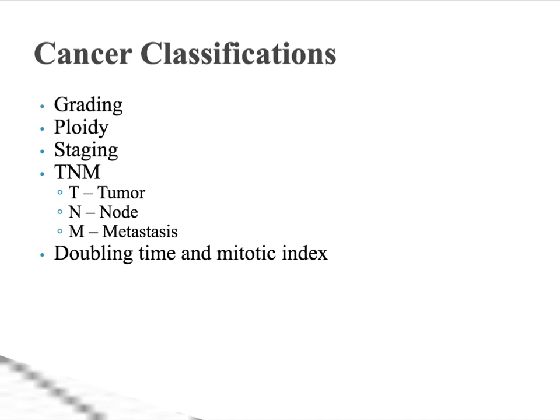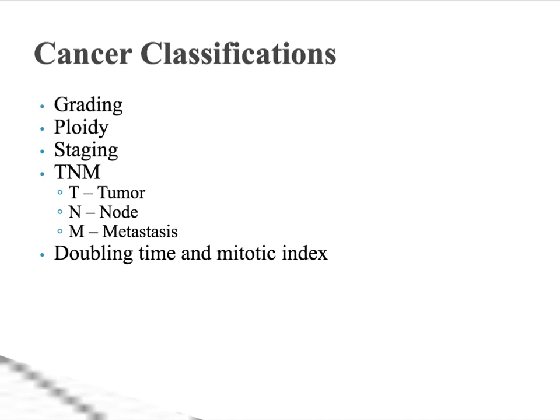Staging determines the location of the cancer and its degree of metastasis. If you look through the staging table in your book, stage 1 has less metastasis than stage 4. Stage 4 indicates a more metastatic cancer. You don't have to memorize these, but you need to know what it means if somebody says stage 4, grade 2. Stage 4 means it has metastasized.